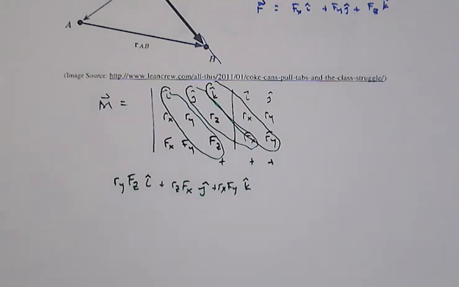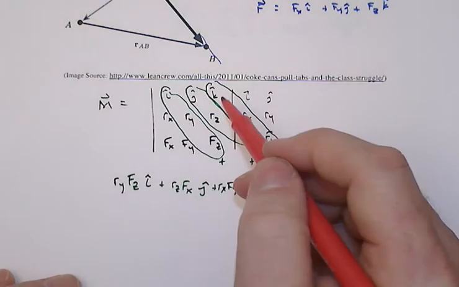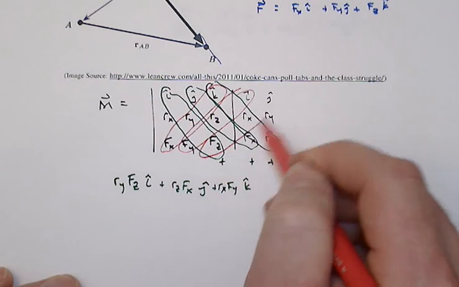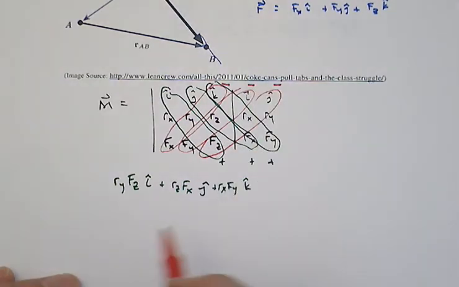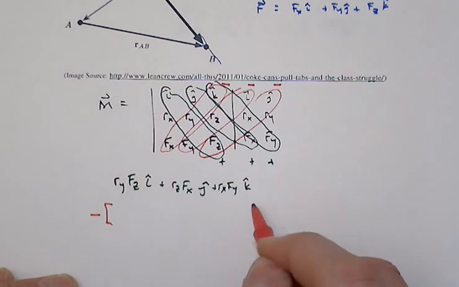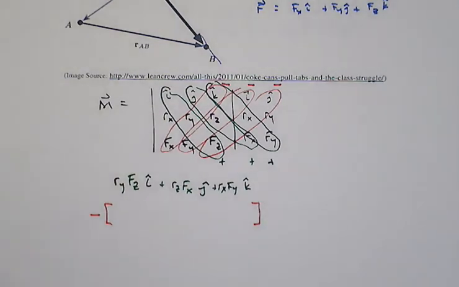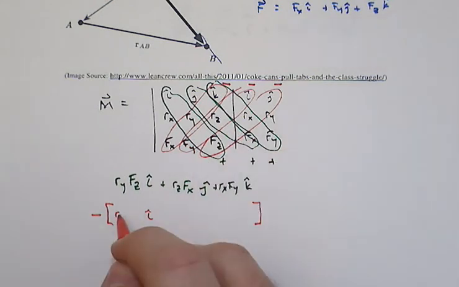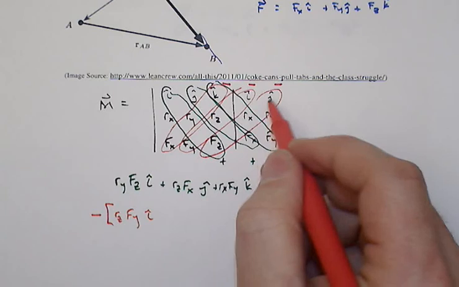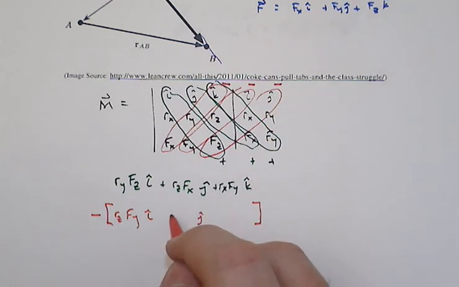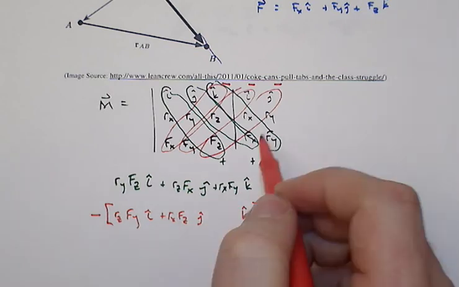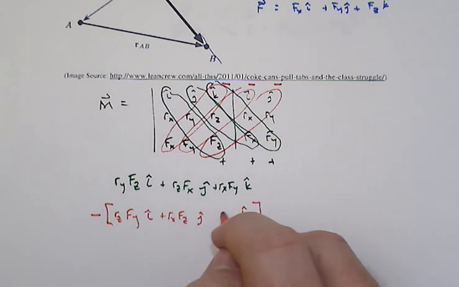Then that's just in one direction, and then we go in the other direction, and that's ultimately the minus direction. So we'll have minus a whole bunch of stuff, and I'm going to collect like terms right underneath each other. Notice that the i vector component will be rzfy, and then the j term will be rxfz, and then the k term is going to be our ryfx.